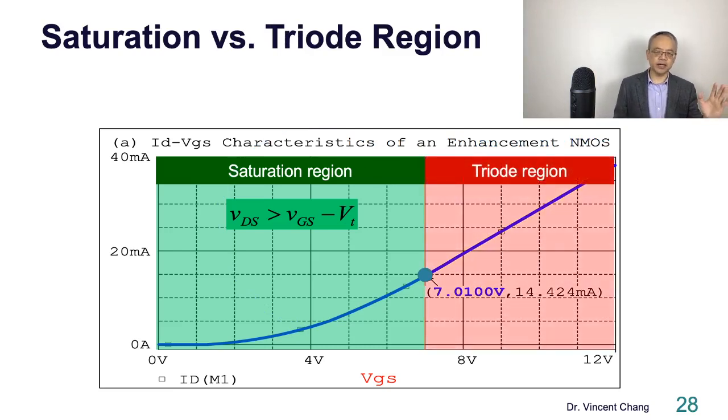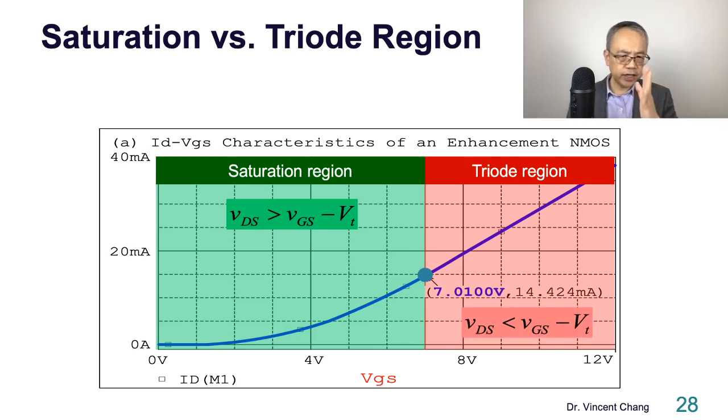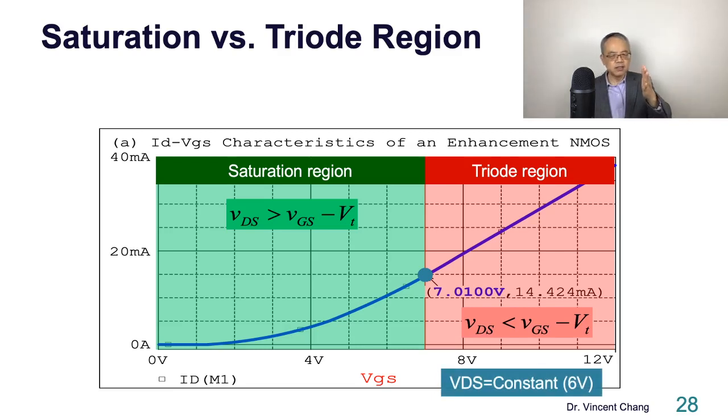What about the right-hand side? The right-hand side, VDS, think about this. What about VGS? What if VGS is 8, 9? Then 6 is less than 8 minus 1. 6 is less than 9 minus 1, right? So VDS in the red zone is less than the overdrive.